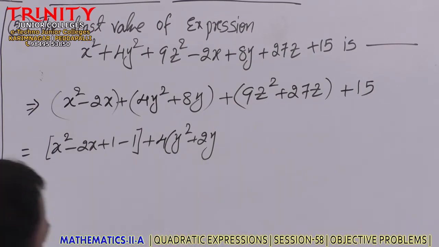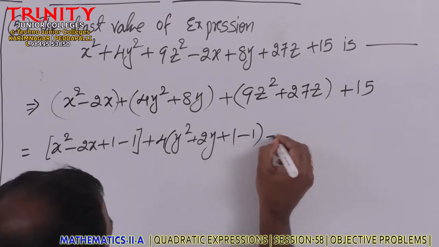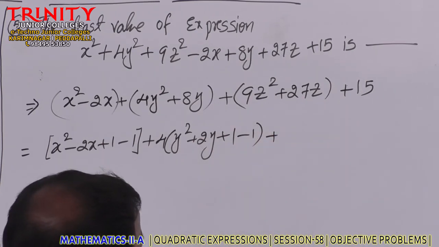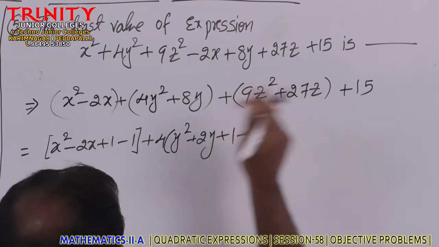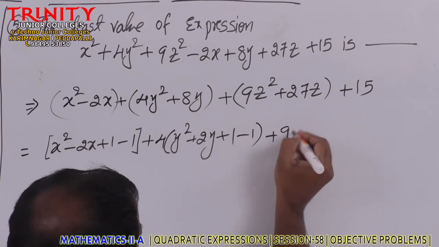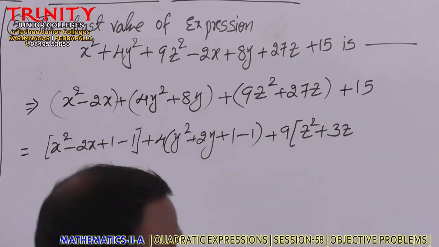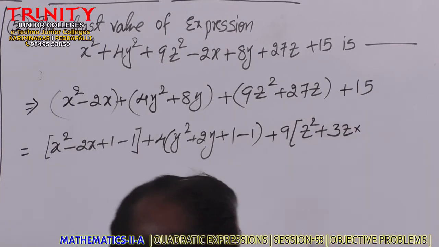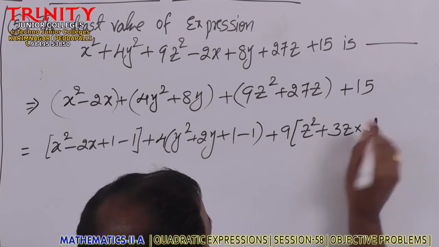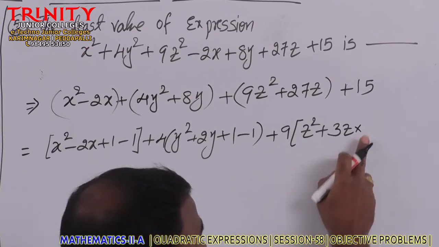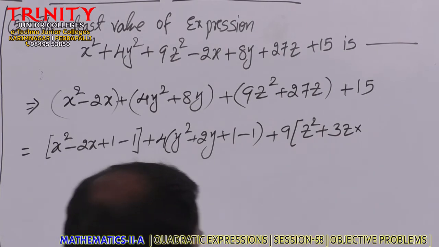To express it as a perfect square we require plus 1, therefore subtract 1. Then 9z square plus 27z: write it as 9 common, z square plus 3z. Multiply and divide to get the form a square plus 2ab. To express 2ab, since 3z is there, we multiply and divide with 2, or not.